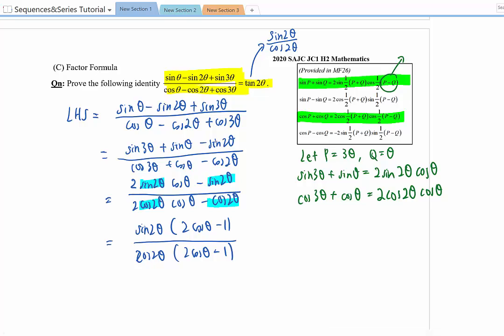We can cancel out 2 cos theta minus 1 from the numerator and the denominator, which leaves us with sine 2 theta over cos 2 theta, and this is equal to tangent 2 theta. Hence, the left-hand side is equal to the right-hand side. So we have proved this identity to be true. And this is the end of question C of this tutorial.